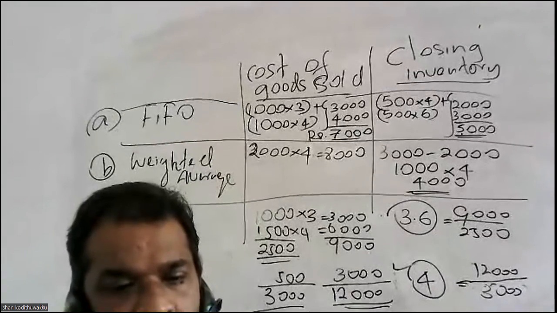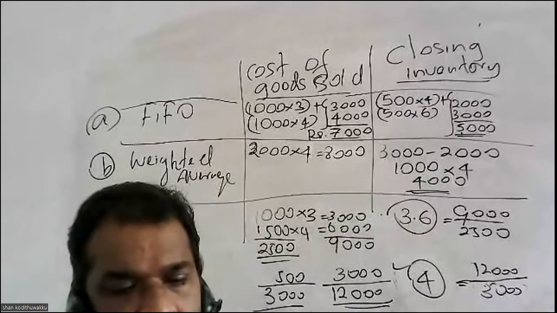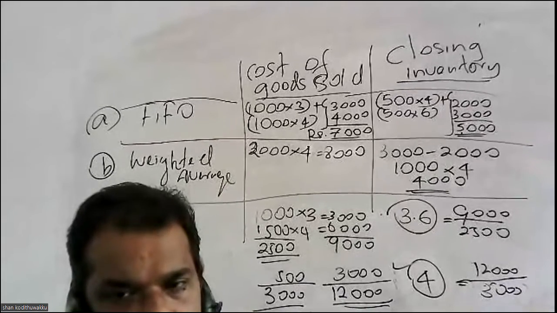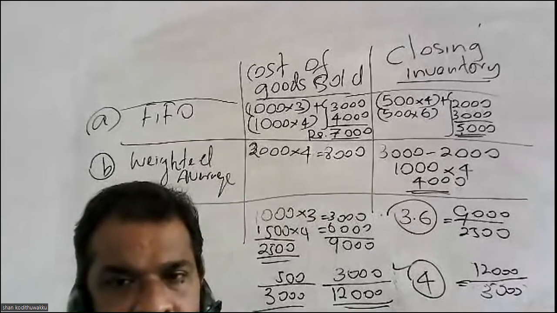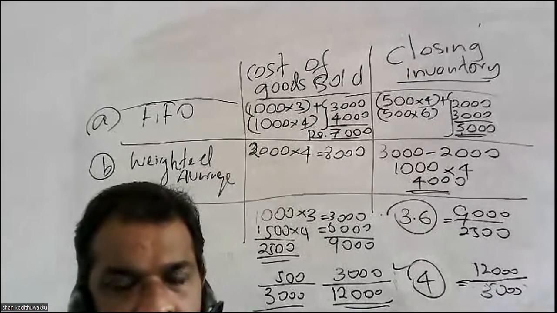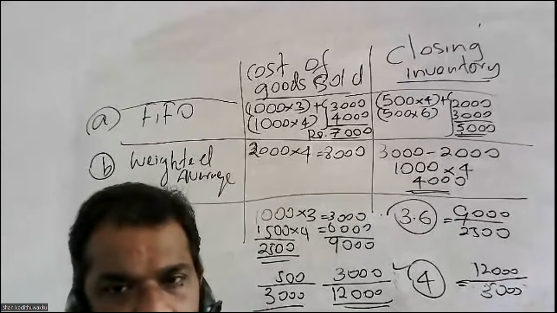At that price, we had to issue 2,000 units. Therefore, under the weighted average method, we have issued 2,000 units at 4, the latest average price. Then cost of goods sold equals 8,000.